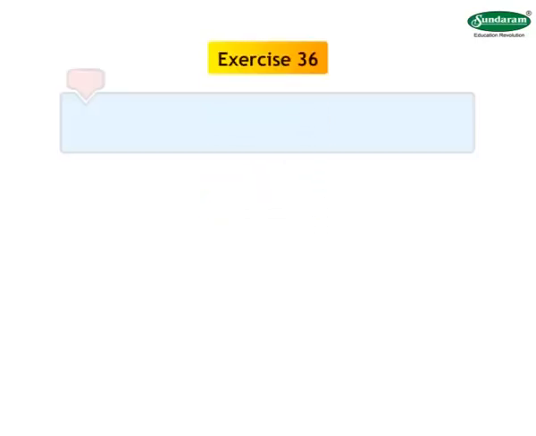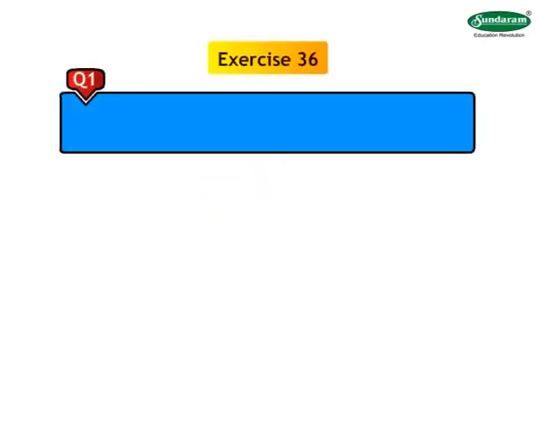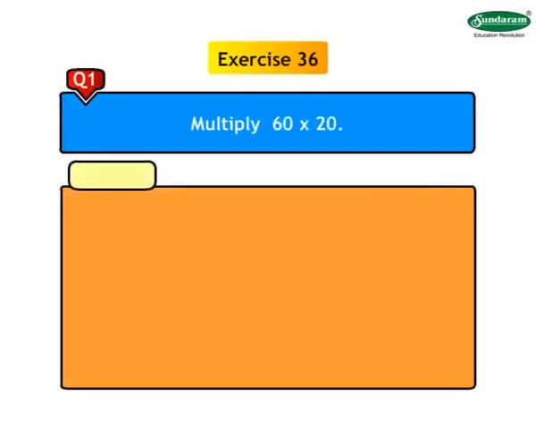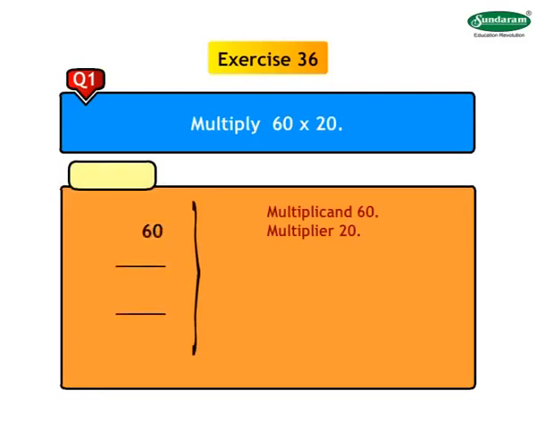Let us learn multiplication of two two-digit numbers. Exercise 36. Question 1. Multiply 60 into 20. Solution. Let us see the steps of multiplication. First, multiply the multiplicand 60 by 0 units of the multiplier 20.